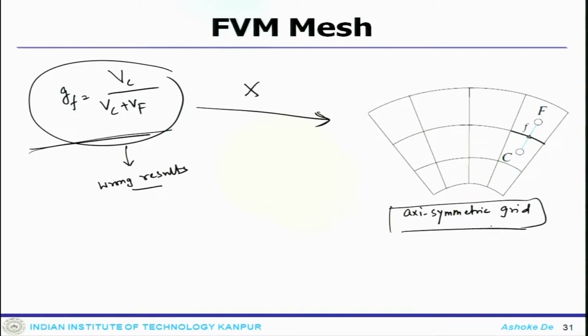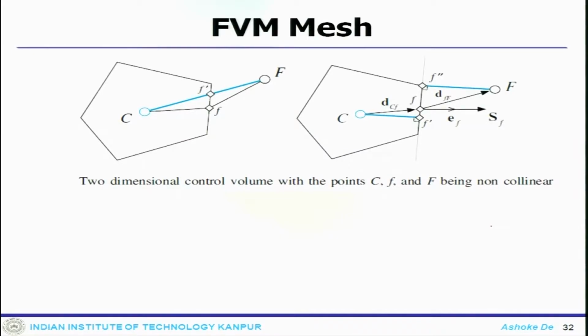Now, again the simpler or linear interpolation may get you into some kind of problem when you see this kind of situation. It is a two dimensional control volume where points C, F and f are not collinear.